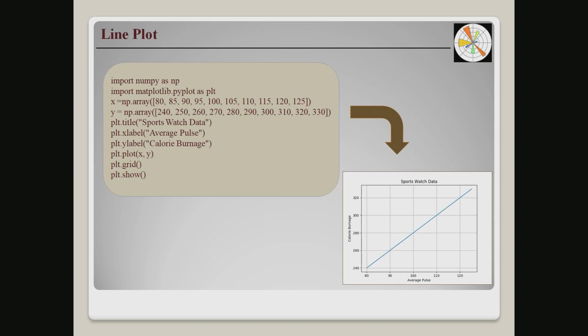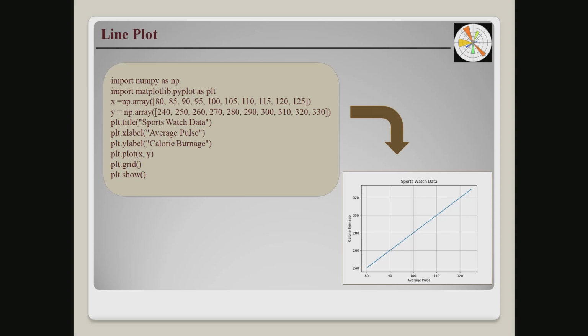First we are going to see the line plot. In the line plot, usually for giving the data set we need the NumPy library. So first we have to import the NumPy library, and next for plotting we need the matplotlib library, so we have to import that library also. After that we have to create the x-axis data and y-axis data.